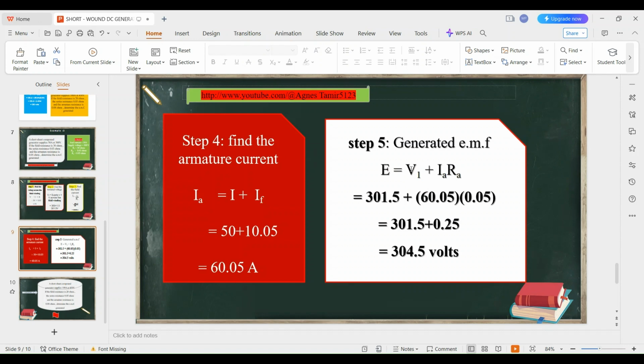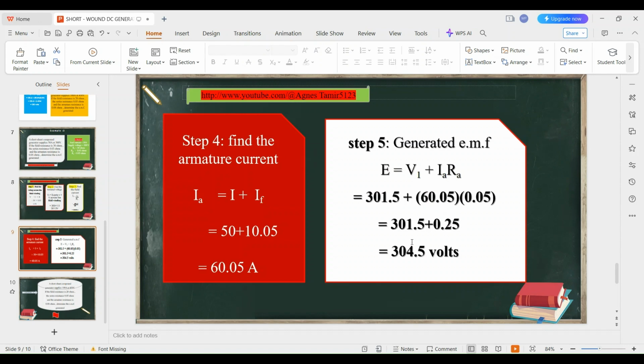So our terminal voltage here is 301.5 and our voltage across the armature will be given by the armature current multiplied by the armature resistance. That is 60.05 times 0.05. If you multiply this, we'll get 3.0 volts.